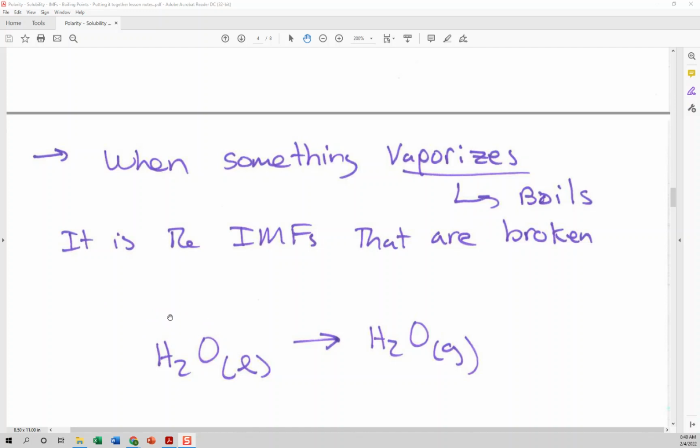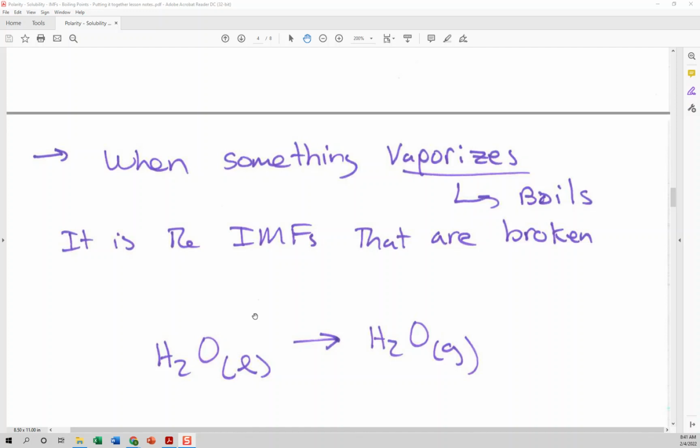They're hydrogen bonding, they're intermolecular forces. So when something vaporizes, it's not the bonds inside the molecule that break, it's the bonds between the molecules. And I shouldn't use the word bonds there, it's the intermolecular forces between molecules. And in water's case, that would be the hydrogen bonding has to break, right?